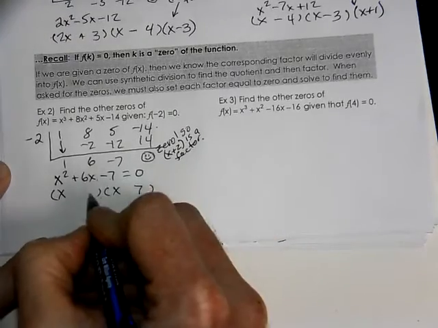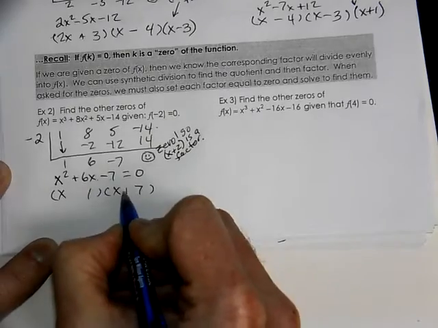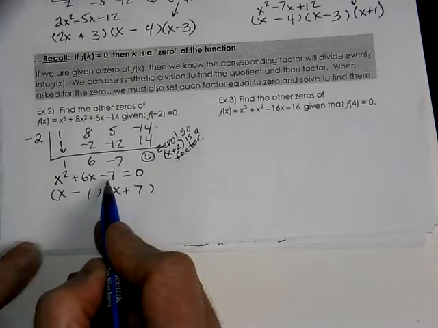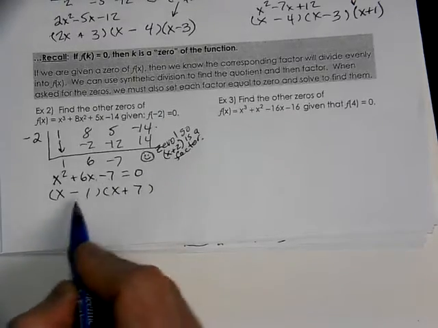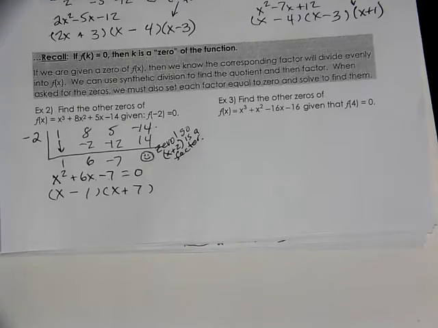And of course we're going to do 7 and 1. The larger number is going to have to be positive, and the smaller number is going to be negative. They have to be opposite signs to multiply to be a negative, and the larger number has to be positive for them to produce a positive when adding.